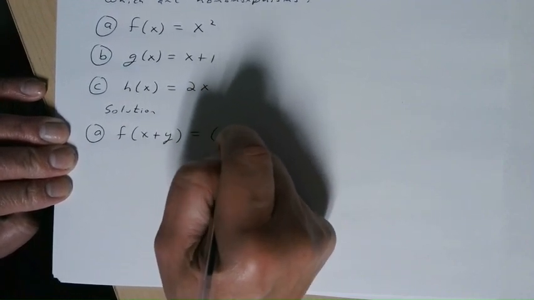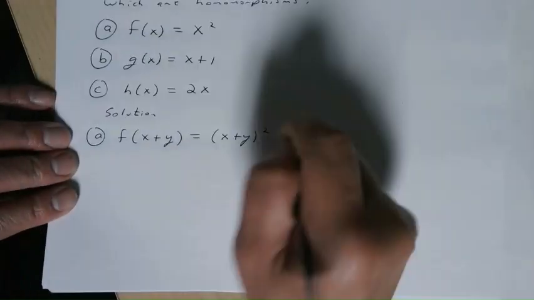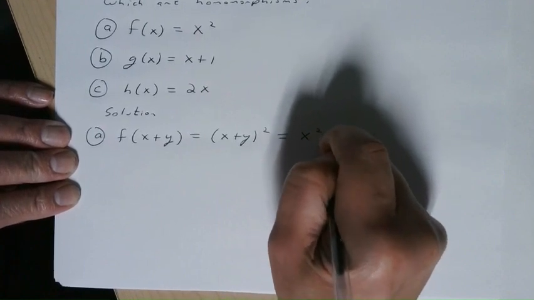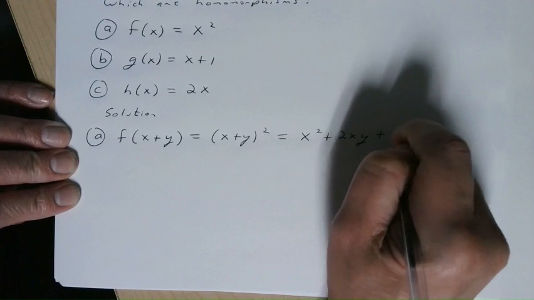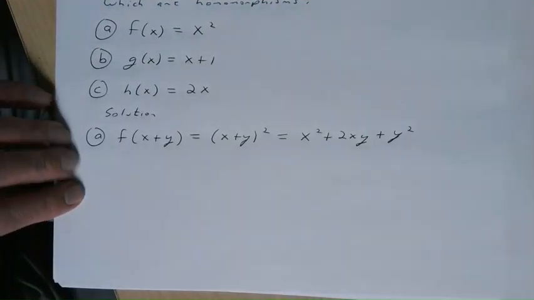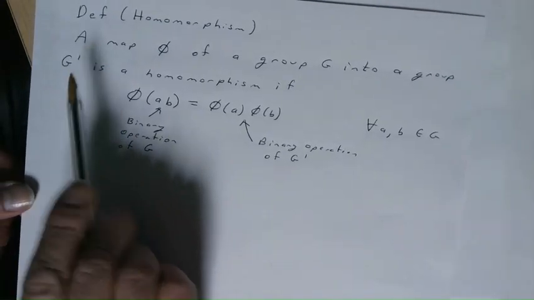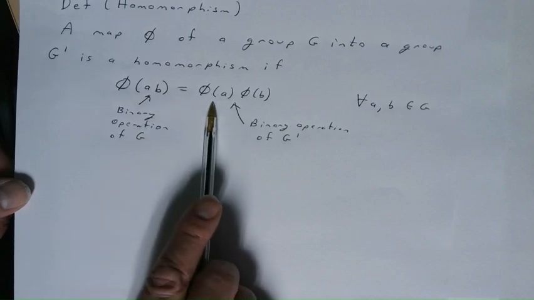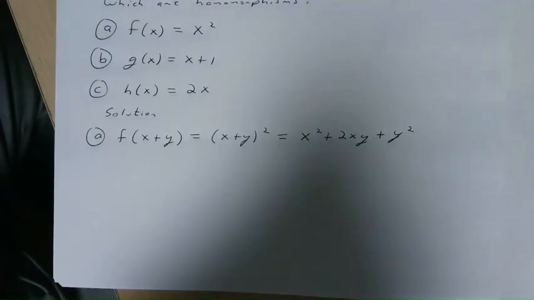And so that means it's going to be x plus y squared. And if we FOIL that, we're going to end up with x squared plus 2xy plus y squared. And now, according to our definition of a homomorphism, we have to show that that's equal to adding these two functions. So let's take a look at that.